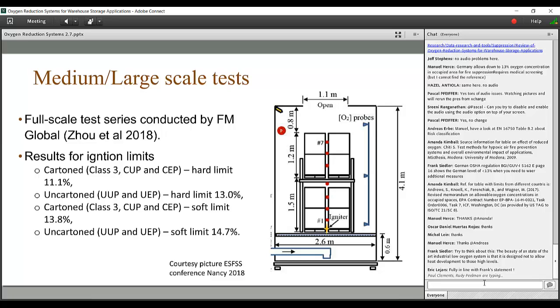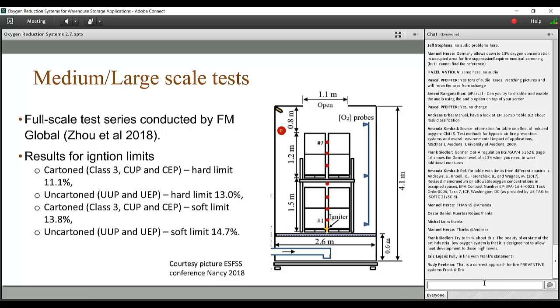I've been focusing earlier mainly on small scale test apparatus, but the best way to investigate the behavior of a system or a composite is to do it in at least a medium scale or a large scale, because the small scale test just picks up a part of the sample and you don't get all the details of the configuration.